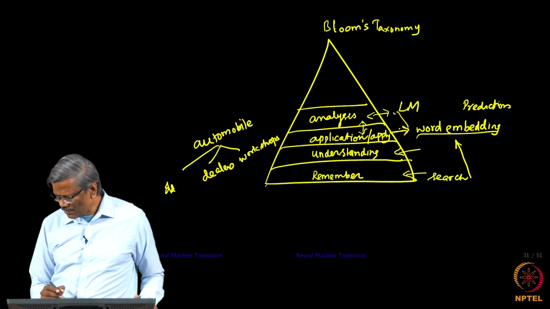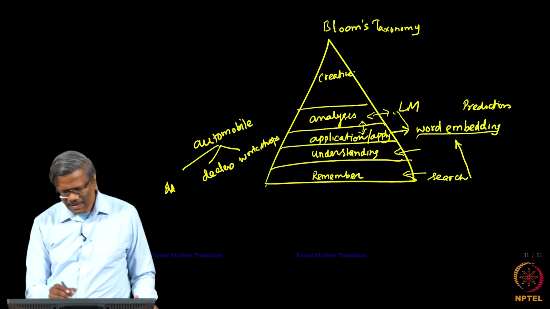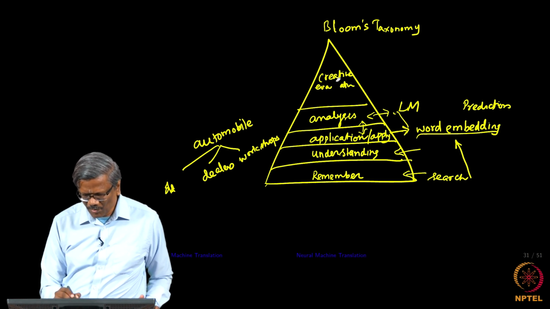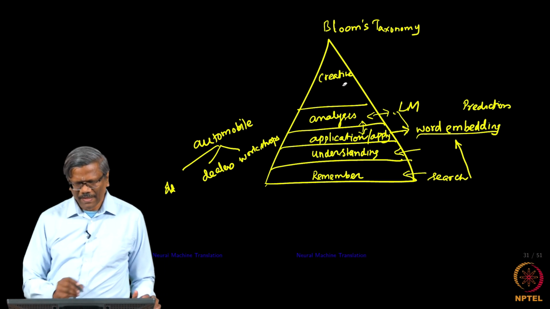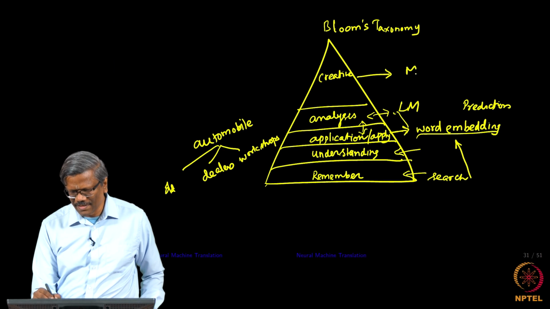And then the last one I am going to be combining as the creative part. So, instead of using evaluation and creation, I am going to combine both as one. Okay. So, this is where I think we have the machine translation part.